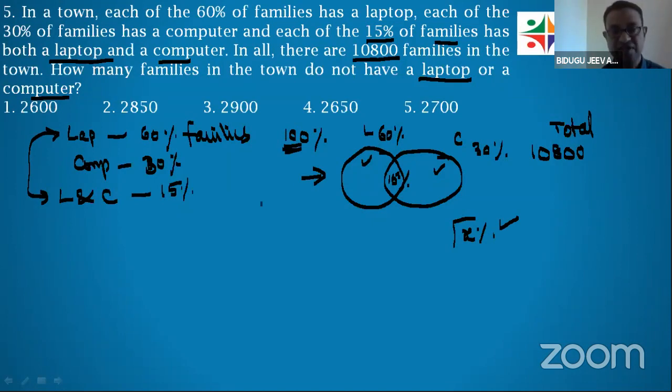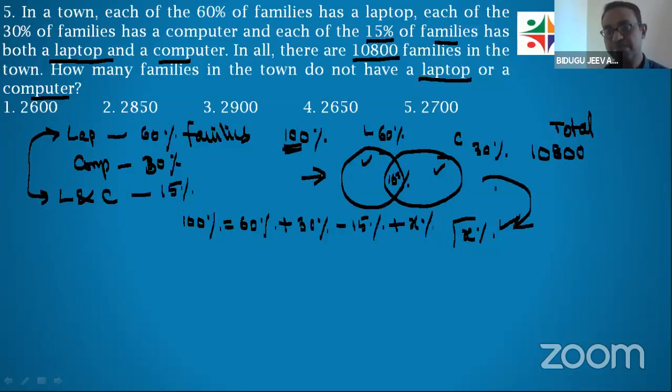Let me write the figure. I think you know very well, whenever two circles are given, N of A union B is equal to N of A plus N of B minus N of A intersection B. Let me write in the structure, right? 100% total is equal to N of A 60% plus N of B 30% minus N of A intersection B 15% plus X%, which is there at the common.